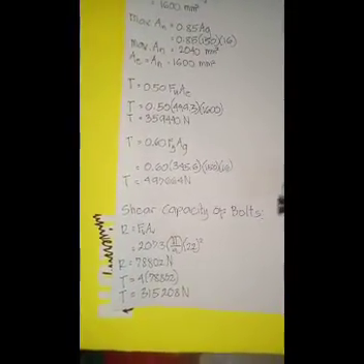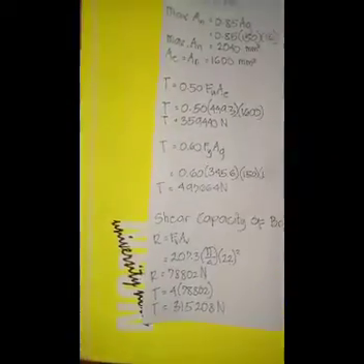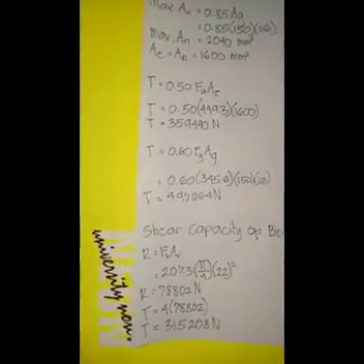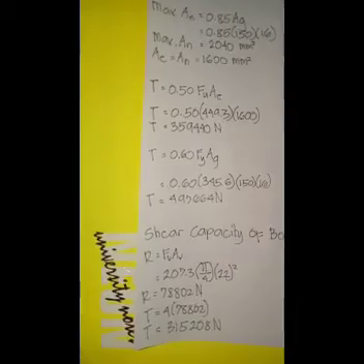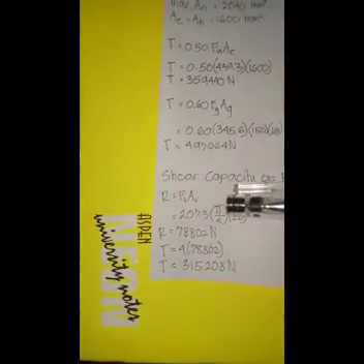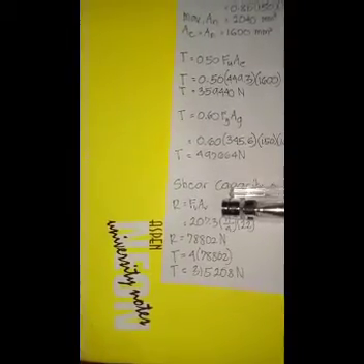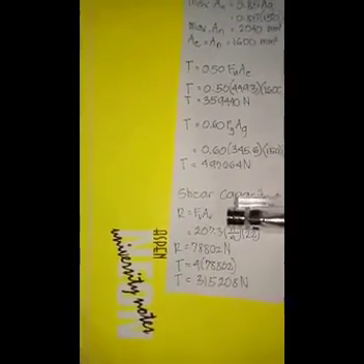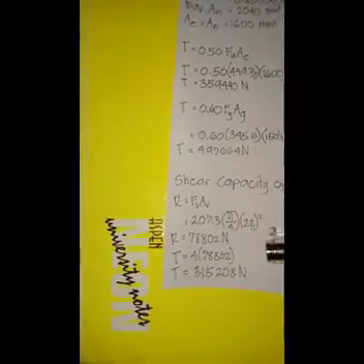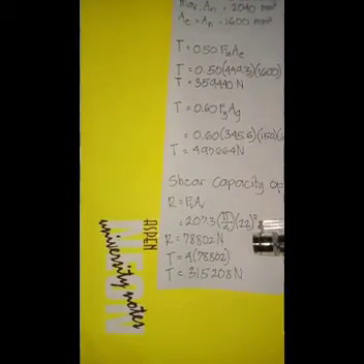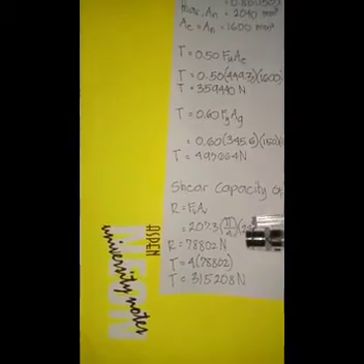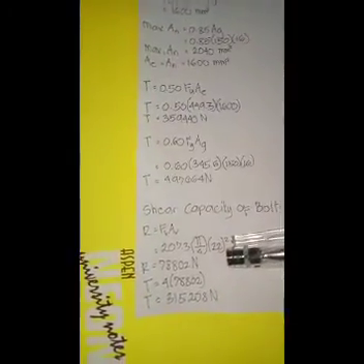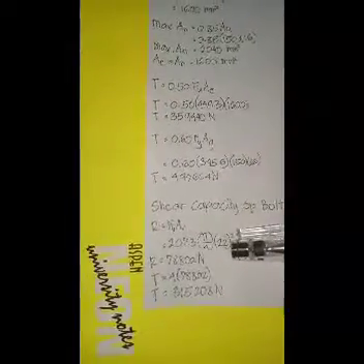Then shear capacity of bolts. Here, the next solution in number 1 is to get the bearing type connection. R is equal to F sub v times A sub b, which is 207.3 times pi over 4 times 22 raised to 2.